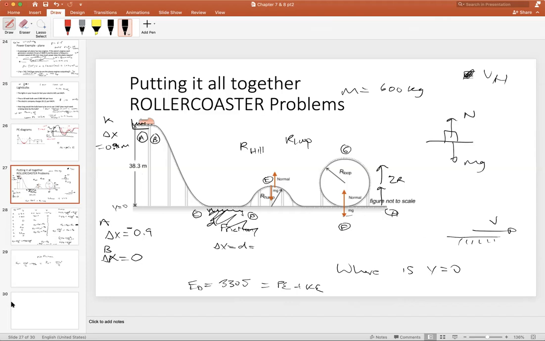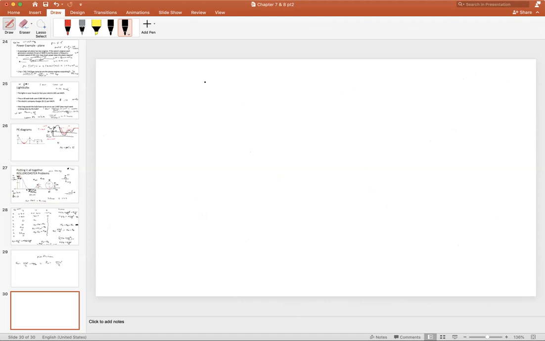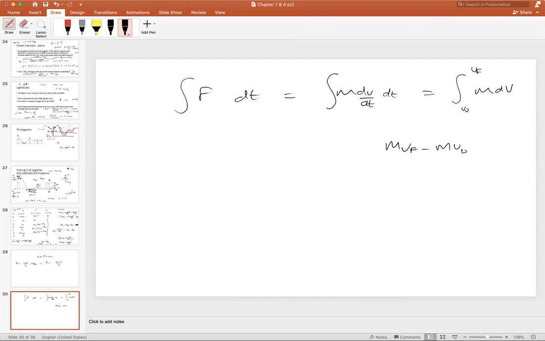So imagine what would happen if you took a force times dt. What does this give you? Well, this is m dv/dt times dt, and what you would get is m dv. If this was v initial and this was v final, this would give us m v final minus m v initial.